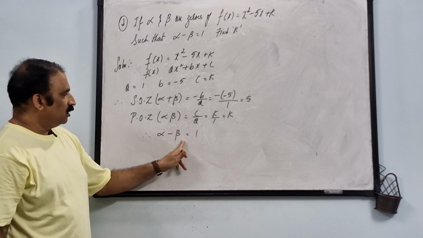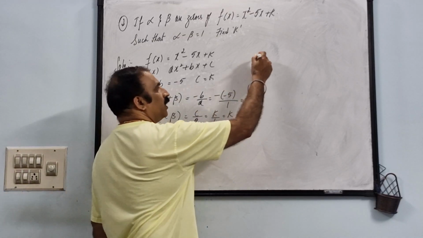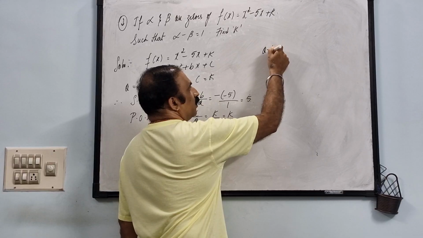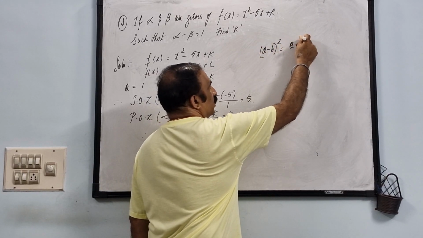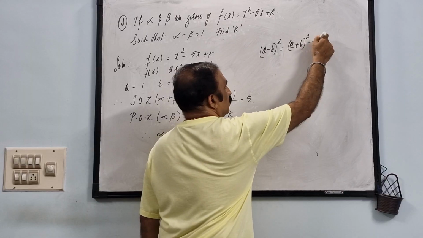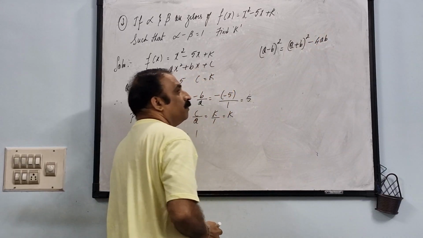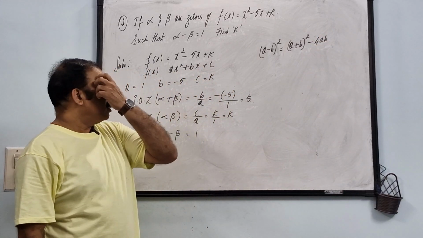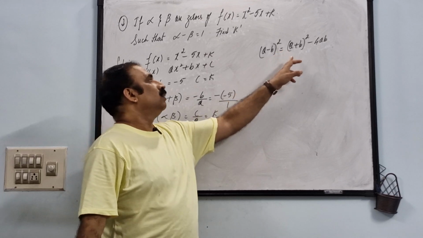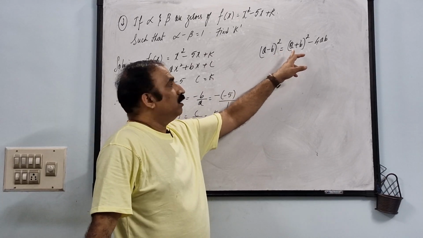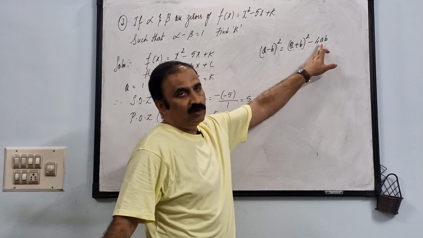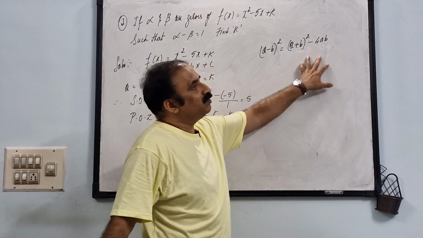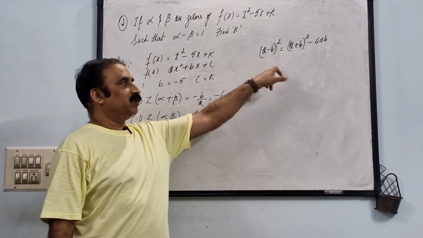Remember that you are going to apply the formula a minus b whole square, which can also be written as a plus b whole square minus 4ab. The general formula is a square minus 2ab plus b square, but here I want it in the form of sum of zeros and product of zeros. If you expand this and reduce it to simplest form, you will get back to a minus b whole square.